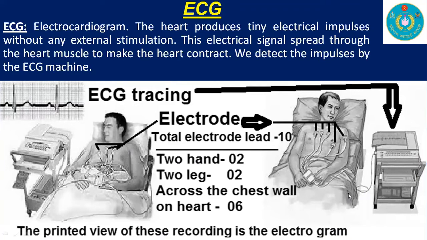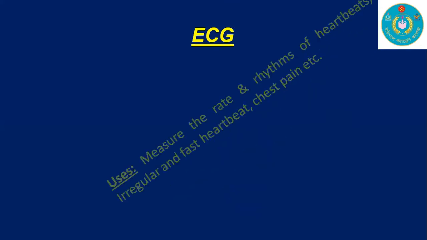With these electrodes, after getting the ECG tracing from the ECG machine, we get a pulse, that is the ECG pulse. After printing this ECG pulse, we compare it with the normal ECG pulse, by which we can diagnose disease.